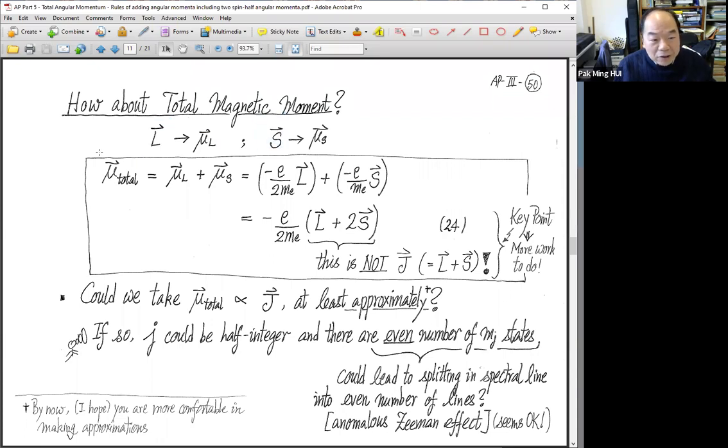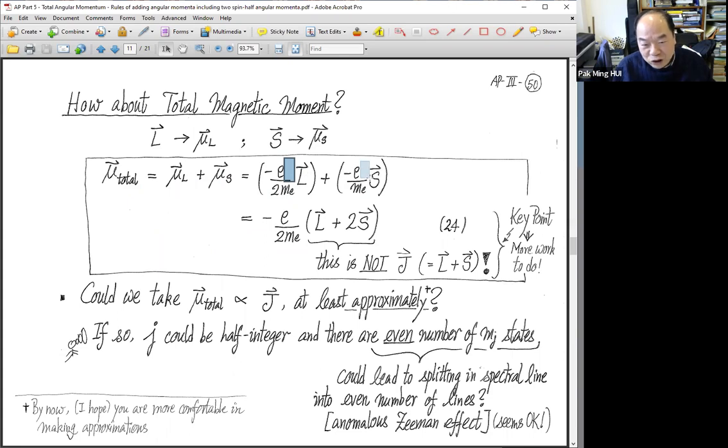It is interesting to look at the total magnetic dipole moment. Naturally, it is defined as the sum of the two magnetic dipole moments. Each one can be written down. Now remember, there's a difference in the g factor. The g factor for orbital angular momentum here is an invisible 1. So this g factor is 1.